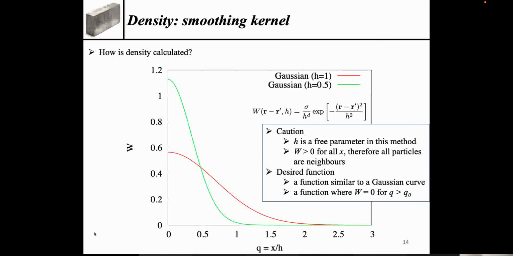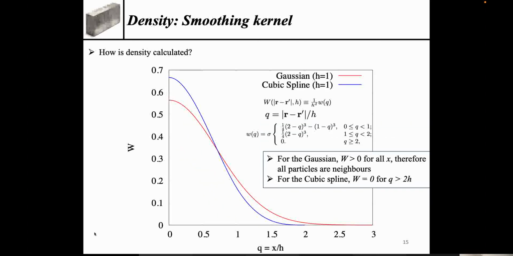The most commonly used one in astrophysics is known as the cubic spline, which is shown here in blue. And I've given the equation here.